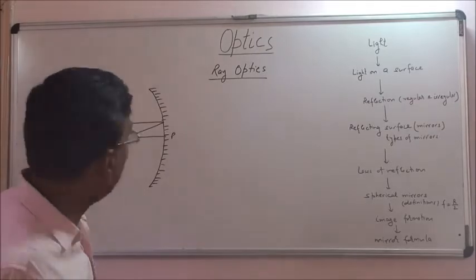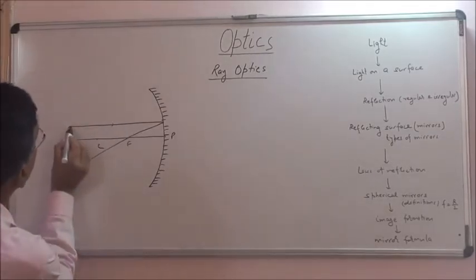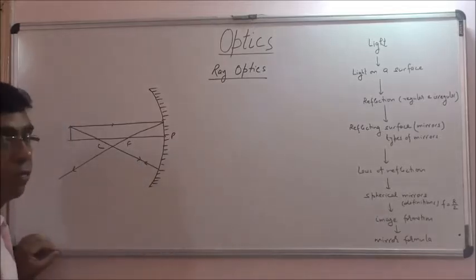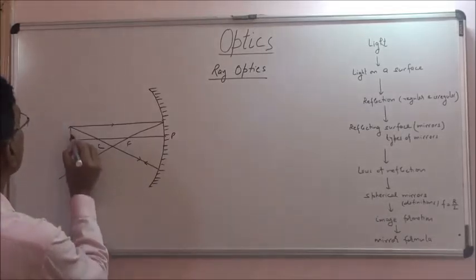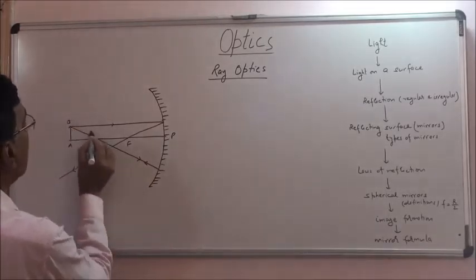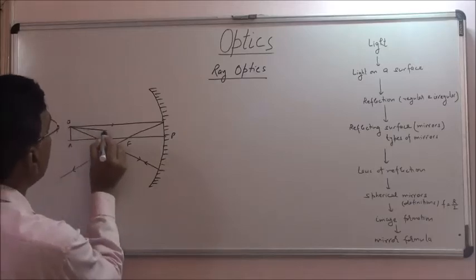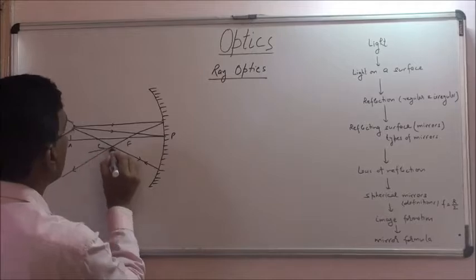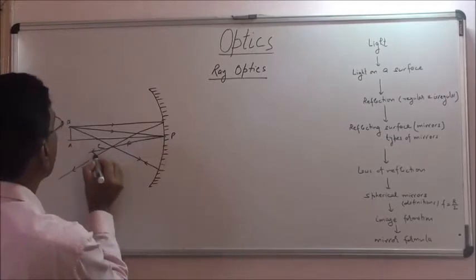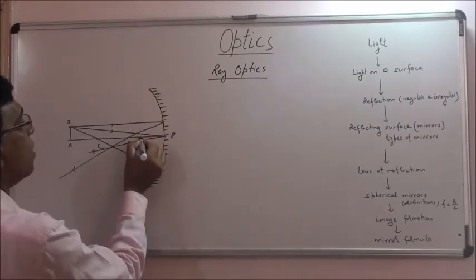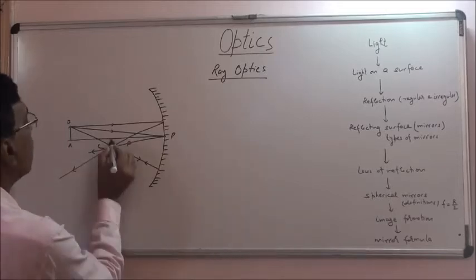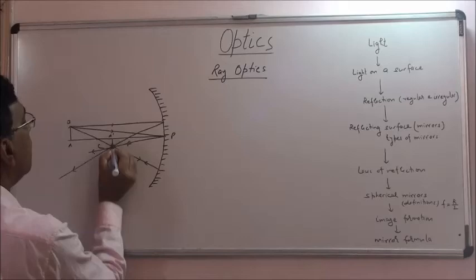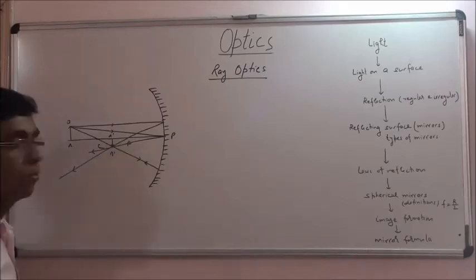Then one we may take through C, it will return, and one more we can take, okay, this. Angle of incidence equals the angle of reflection. Okay, here is the image, A dash and B dash.